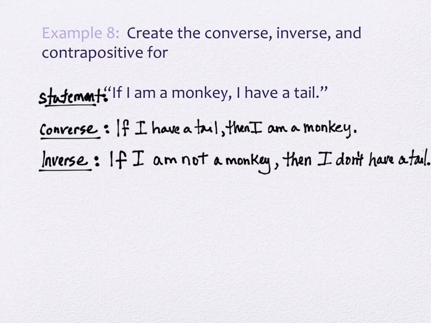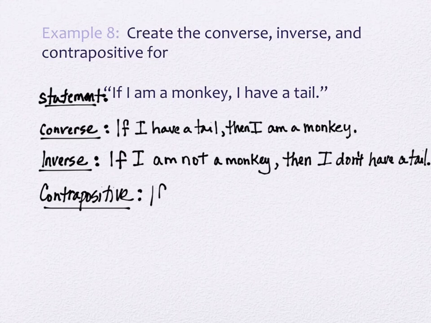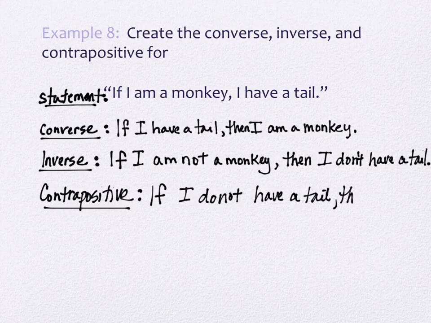All right, our last one is a contrapositive. So what do we do for the contrapositive? We'll switch and negate it. Switch it and negate it. Still start with the word "if." So if what? If I do not have a tail, then what?